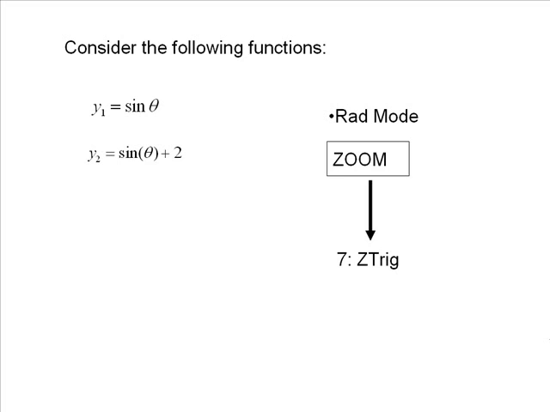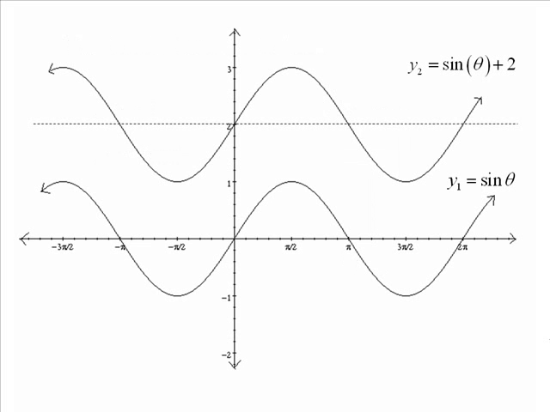Now, what we had done earlier is for difficult graphs where there's some severe horizontal shift or stretches, we would change it manually, following the basic rule of thumb that I gave you. But if you have a graph that hasn't been stretched too much, it's kind of a normal looking thing, you don't have to. Zoom trig will work for most conventional graphs. And if it doesn't, then you can go in and change it. But I'll stick with it. And this is what we'll end up getting for our two graphs.